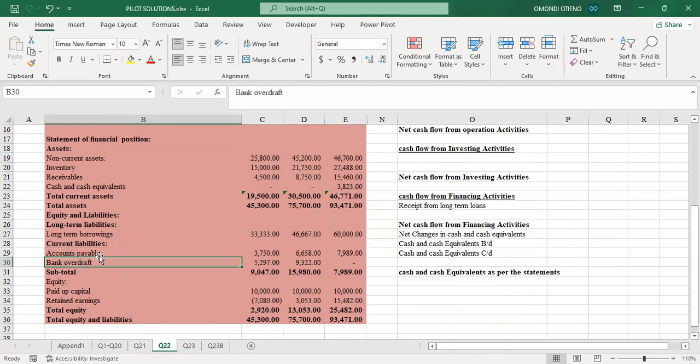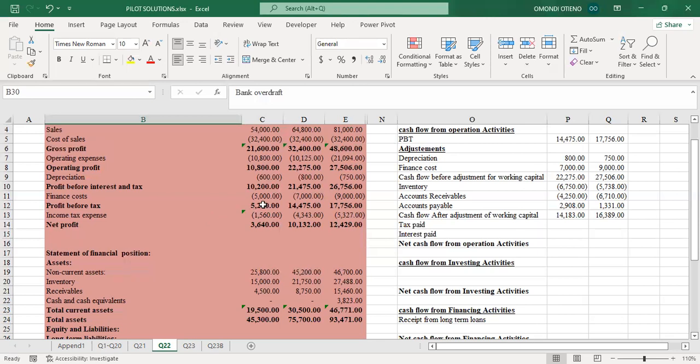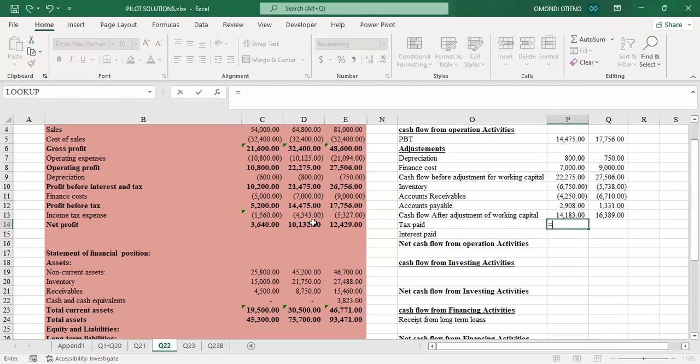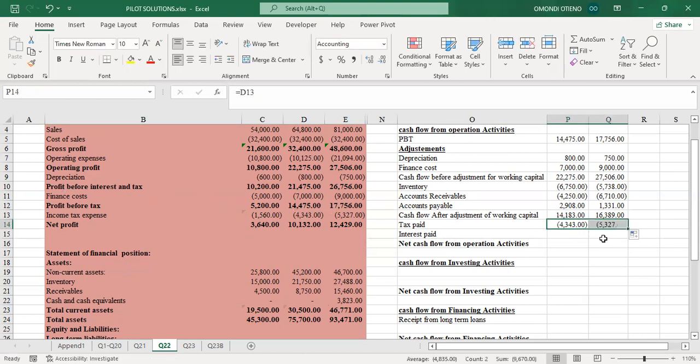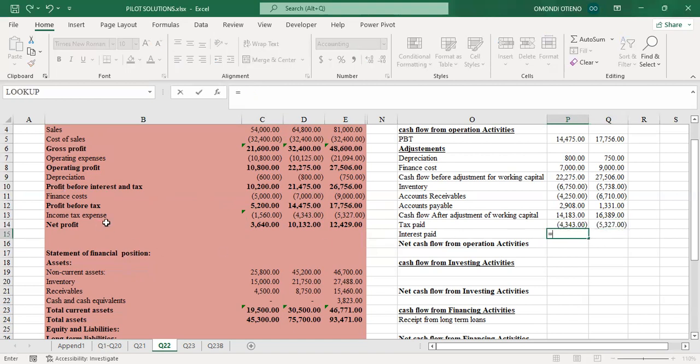No. So it means whatever was charged in our income statement is the amount which was actually paid for that specific year. And therefore, we just come here and pick the tax paid for the year 2021 and 2022.